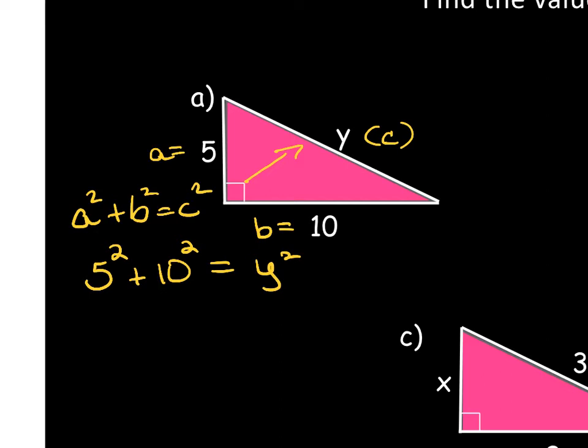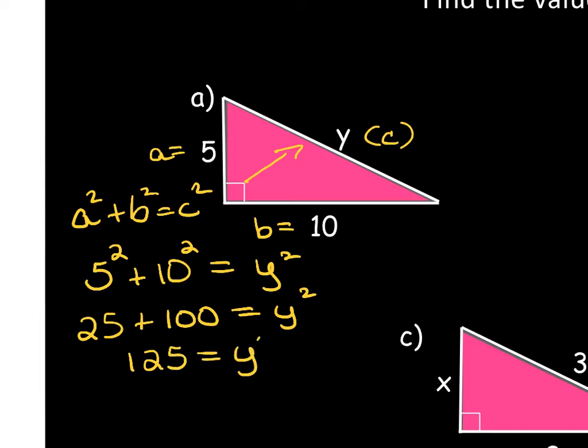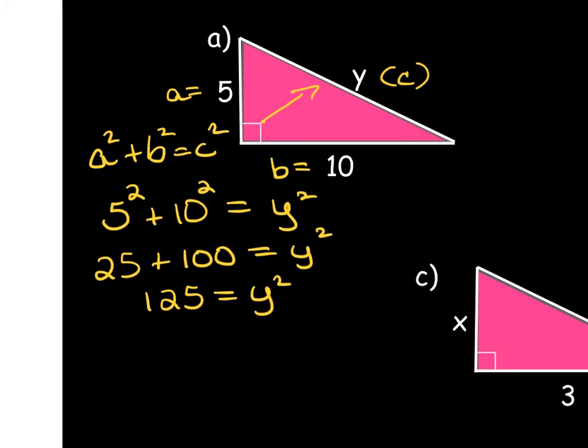I need to square the 5. Now I can't add 5 plus 10 first. I need to square the 5, square the 10, now add them, and I don't want the value of y squared. I want what y equals. So in order to find out what y equals, I need to square root both sides. So y is equal to the square root of 125.